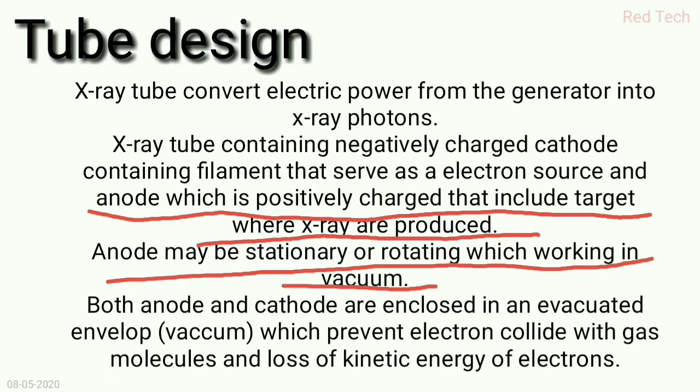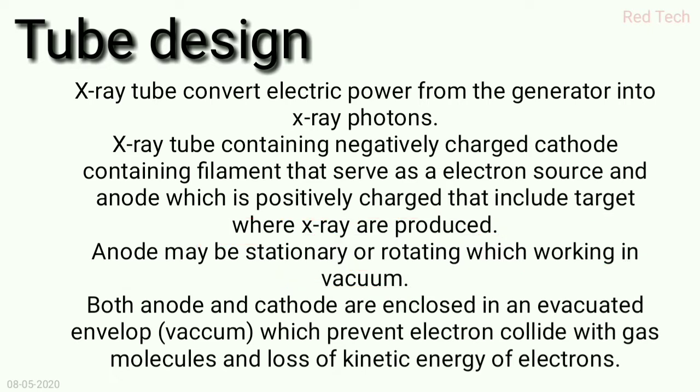And the anode is basically a target where X-rays are produced. The anode may be stationary or rotating, working in vacuum, and both the anode and cathode are enclosed in an evacuated envelope, basically a vacuum with no air present, which prevents electrons from colliding with gas molecules and losing kinetic energy.